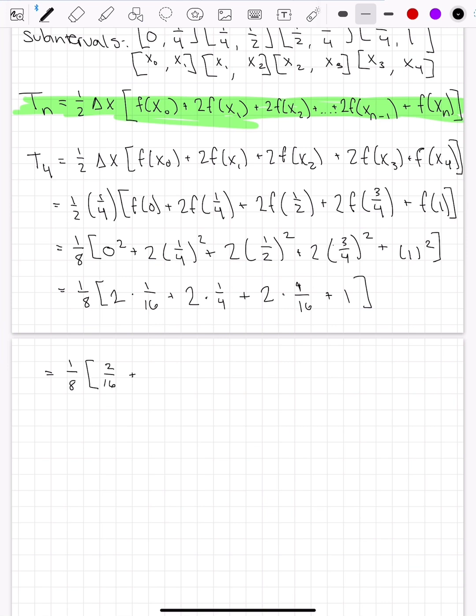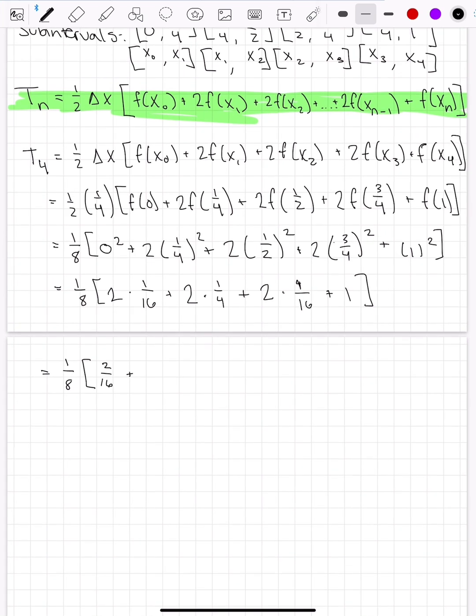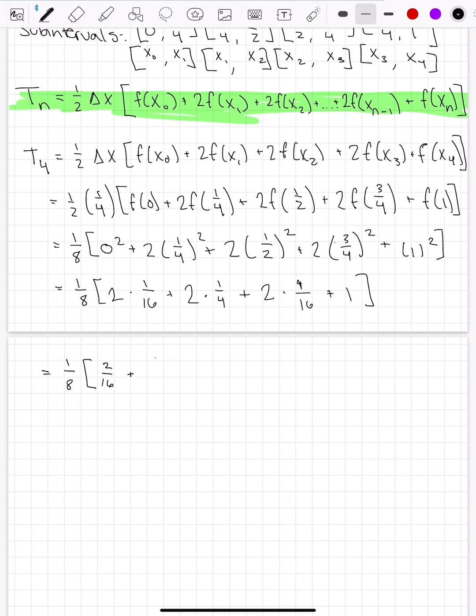So 2 times 1/4 is 2/4, and multiplying top and bottom by 4 gives us 8/16, and then 18/16, and then 16/16. So then 2 plus 8 is 10, plus 18 is 28, plus 16 is 44.